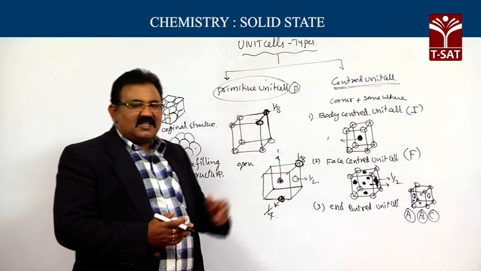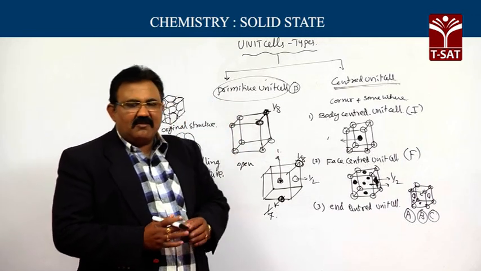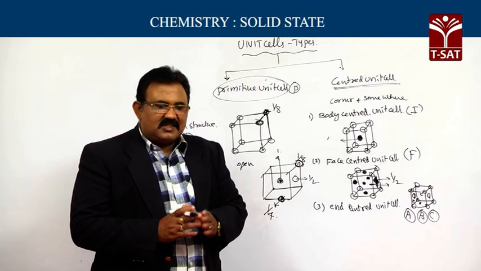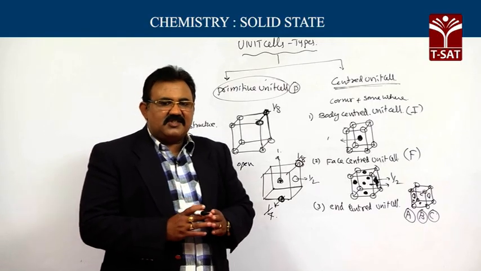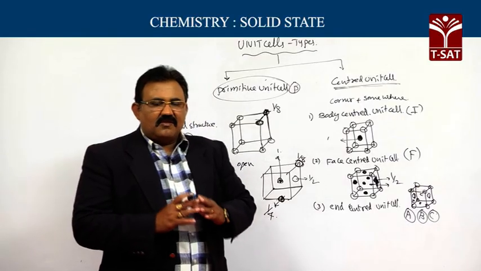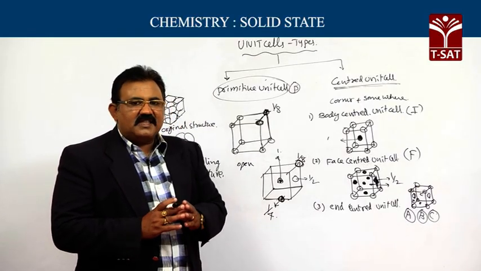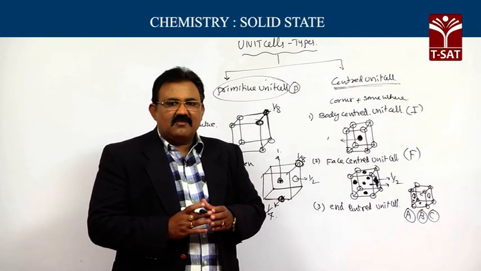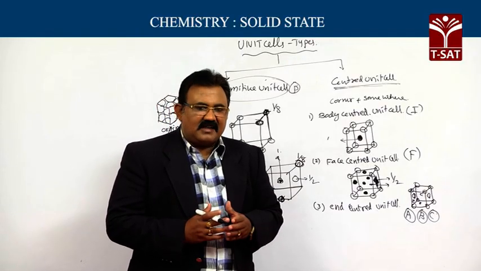So, all the crystal systems, we have 7 types of crystal systems. These 7 types of crystal systems will have 14 Bravais lattices. So, let us see what is Bravais lattice.